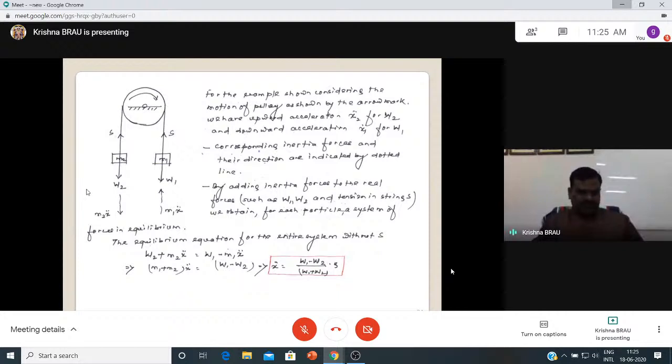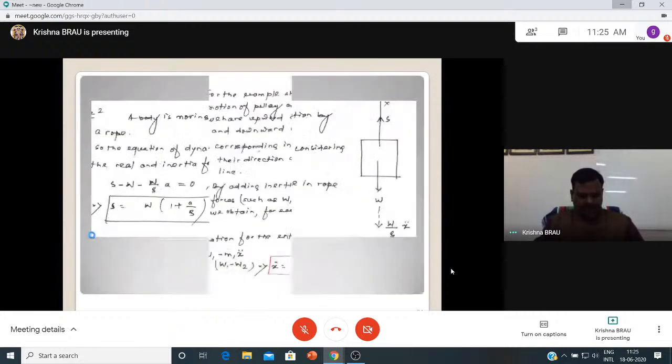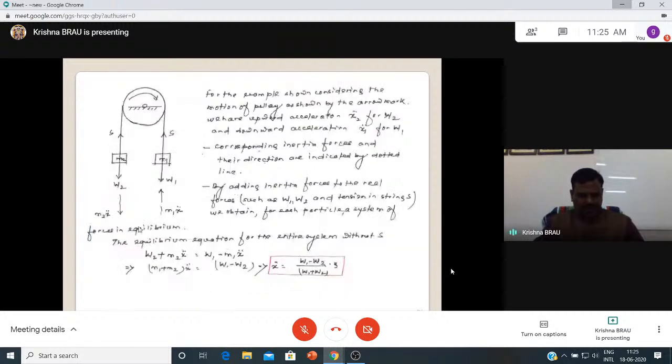When you apply it in the opposite direction, this has to move in this direction. This is the inertial force upward, this is the inertial force downwards, M1 x and M2 x double dot. Now the system is in equilibrium, so the sum of the forces is equal to 0.